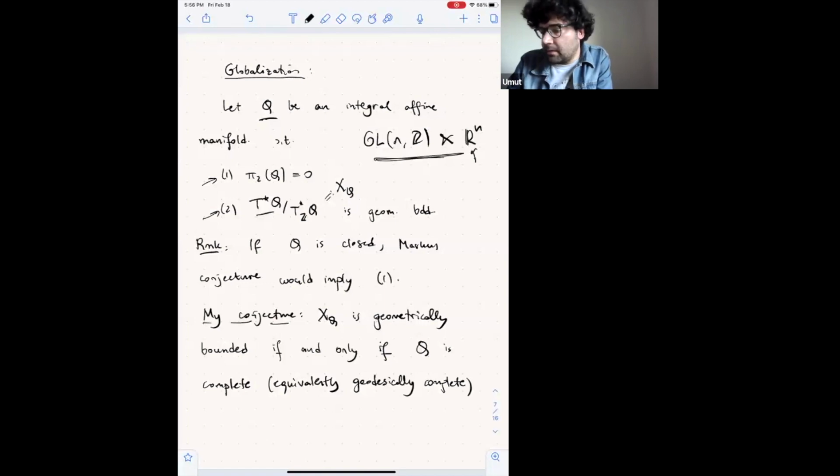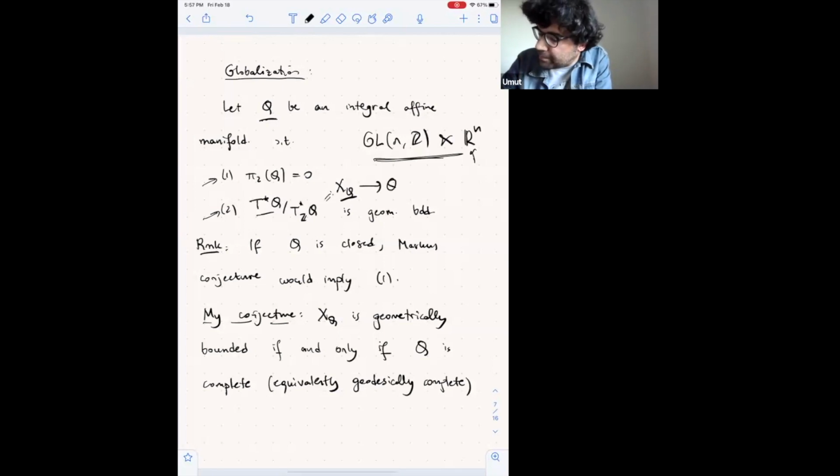And you obtain a symplectic manifold because the symplectic structure descends to this quotient. I will call it XQ. XQ has a Lagrangian torus fibration to Q. It's just the map that descends from the projection of T star Q to Q.